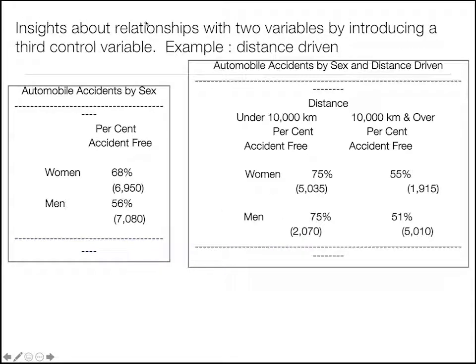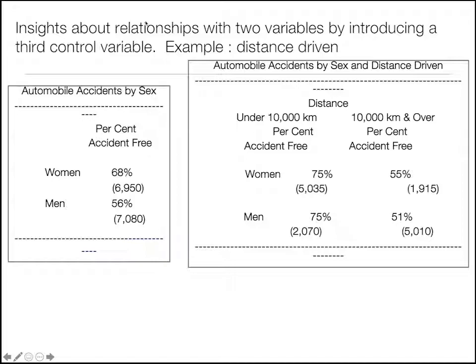That may be true anyway, but the interesting thing is to introduce a third variable. In this book and data set, they looked at distance driven in a year: people driving less than 10,000 kilometers versus people driving 10,000 kilometers or more. And they found that the difference went away.